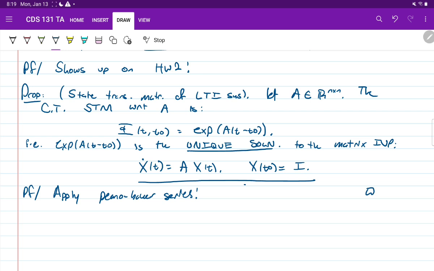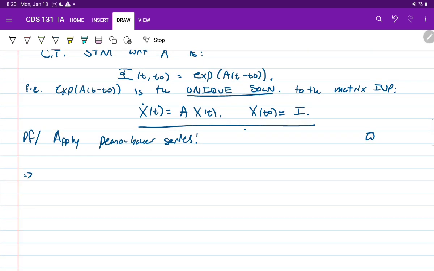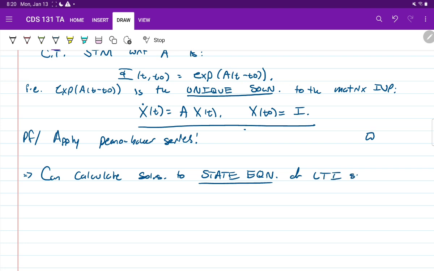Very nice. So what we've shown now is that this matrix exponential actually equals the state transition matrix for a linear time invariant system. What this means is that we can calculate solutions to the state equation of a linear time invariant system in terms of the matrix exponential.